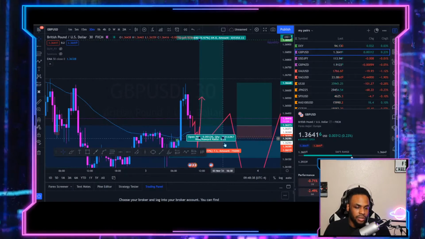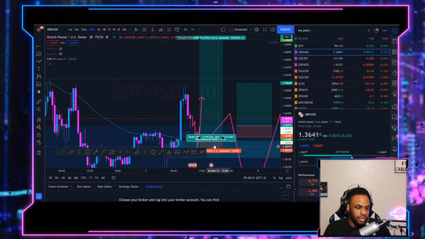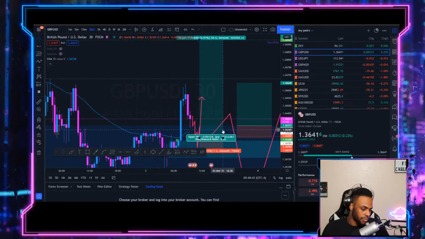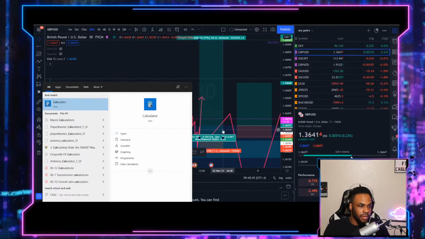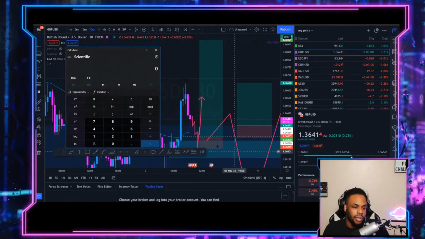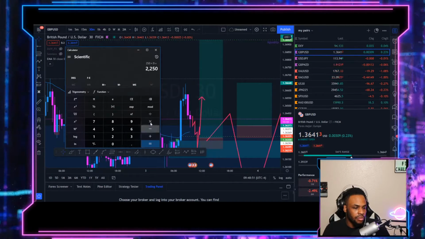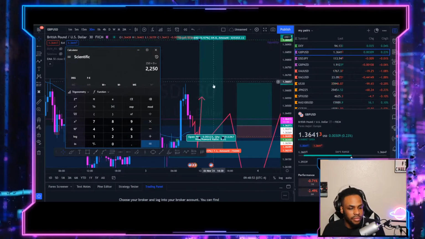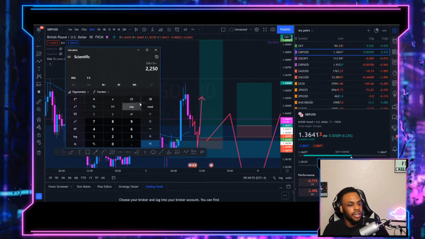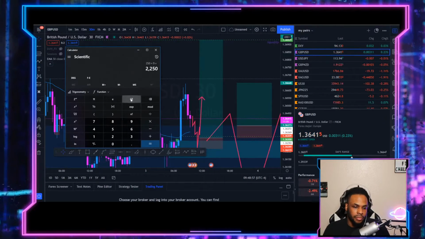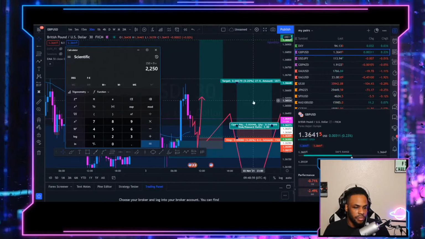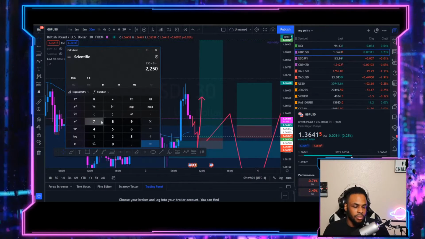So I'm going to be risking $250. Let me get my calculator. I can't do it all in my head. On the 1 to 9, 250 times 9 will give us about $2,200 if we let that one run all the way to TP. And on the other position, it's a 3.49.